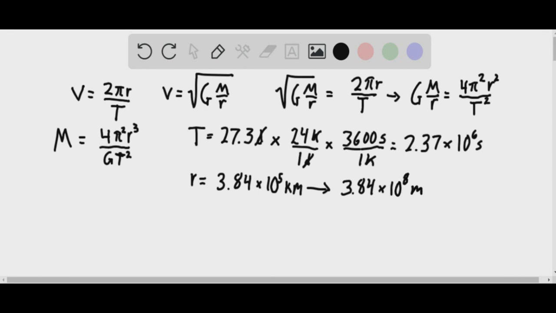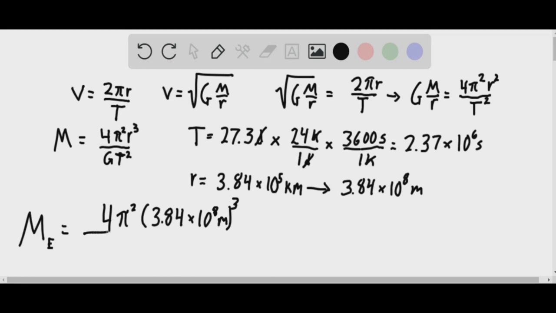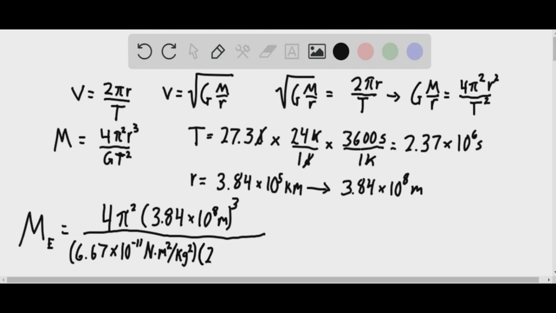Now we're ready to plug in our values and find Earth's mass. The mass of Earth, or m sub e as I'm going to call it, will be equal to 4 pi squared times 3.84 times 10 to the 8 meters cubed divided by 6.67 times 10 to the minus 11 newtons times meters squared over kilograms squared times 2.37 times 10 to the 6 seconds squared.